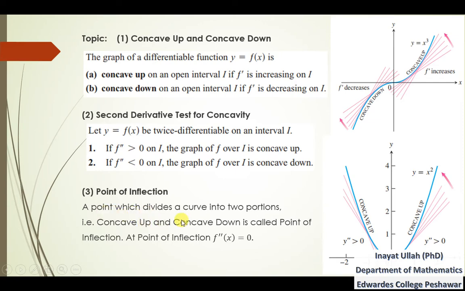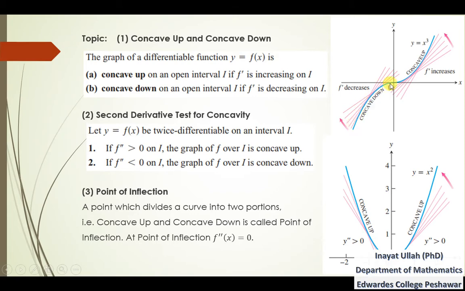So that is written here. A point which divides a curve into two portions, concave up and concave down, is said to be a point of inflection. And we say that for the concave up portion of the graph, y double prime, the second derivative of the function, is positive, and for concave down, the second derivative is negative.